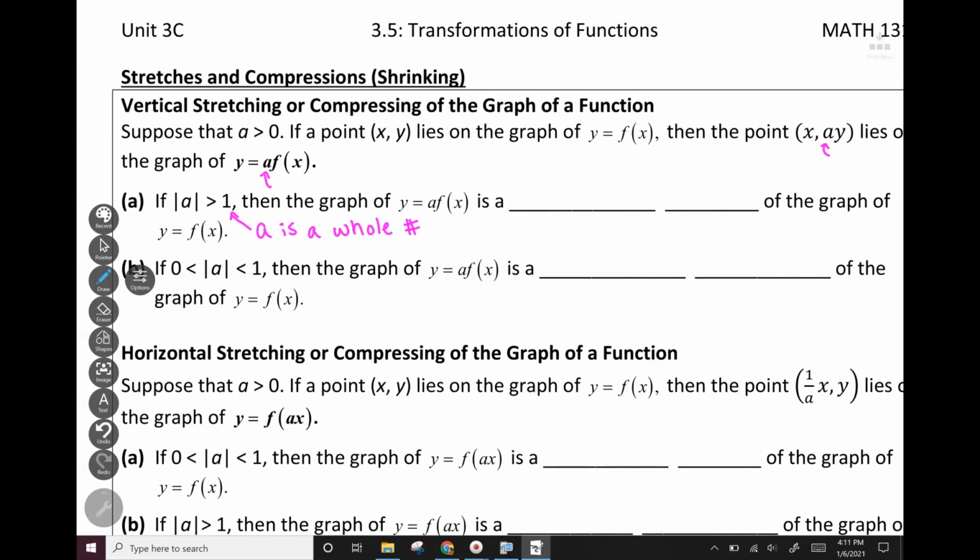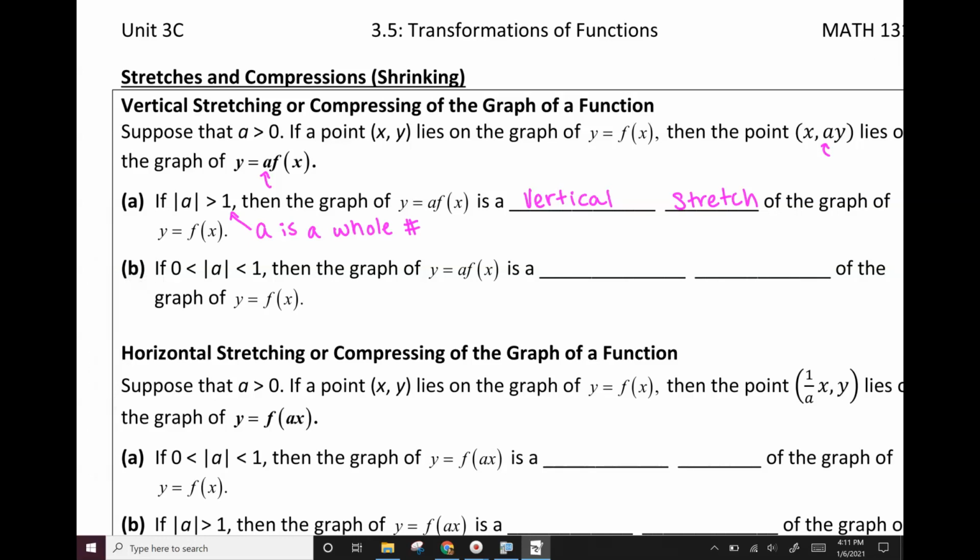If it's greater than 1, then the graph of y equals a times f of x is a vertical stretch of the graph of y equals f of x. So think vertical, that's up and down, and stretch, so it's going to elongate in the vertical direction.